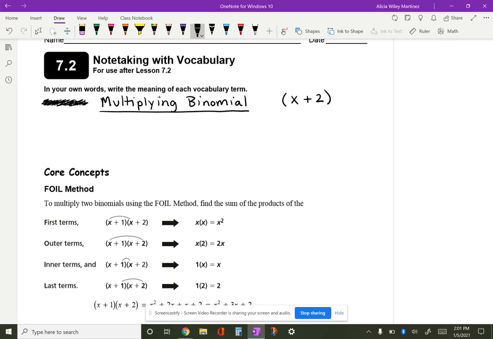I'm going to put a parenthesis around it. What we are going to be doing in this first part of section 7.2 is multiplying two binomials together, where you're multiplying two terms by two other terms.